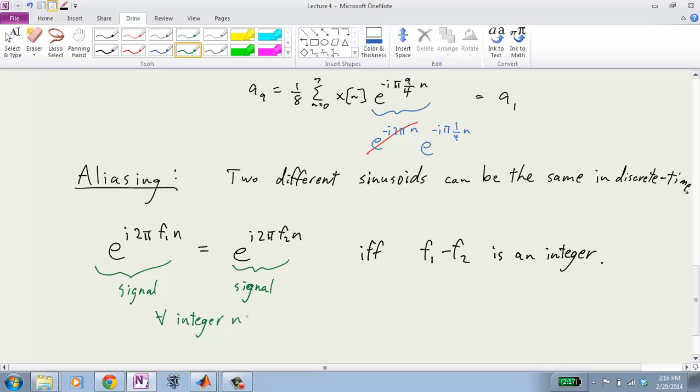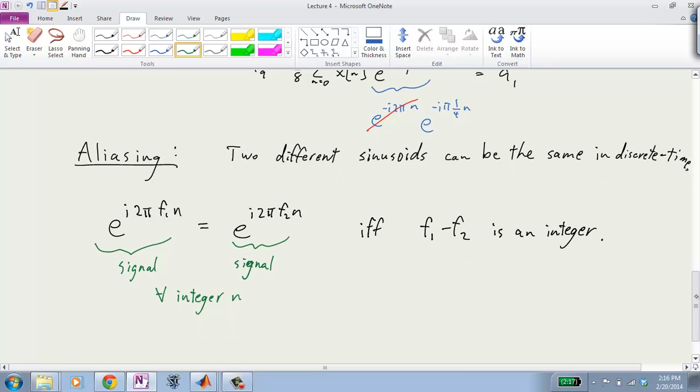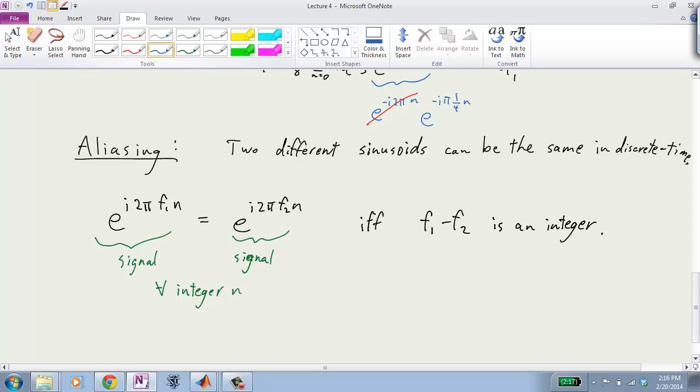And now we can see why this is true, at least the "if" part of it: if f1 minus f2 is an integer, then we can do the following division.